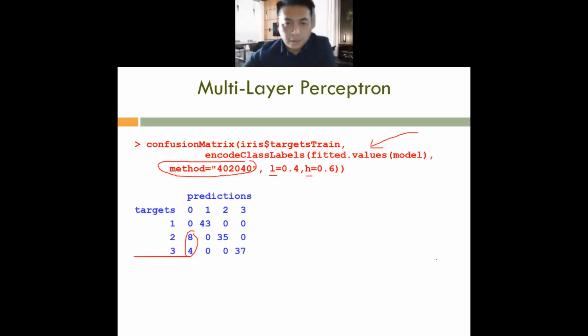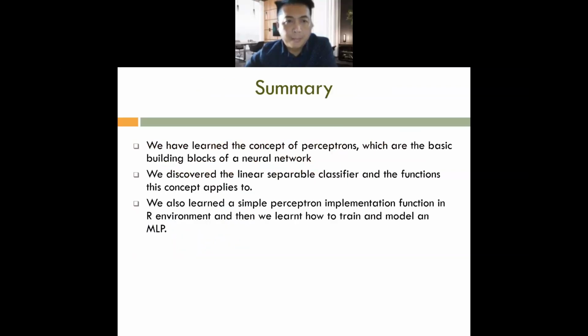Okay. So in the next session, we will try to go over this practical. In summary, we have learned the concept of perceptron, which is the basic building block of neural network. We could have a simple one, or we have a multi-layer perceptron.